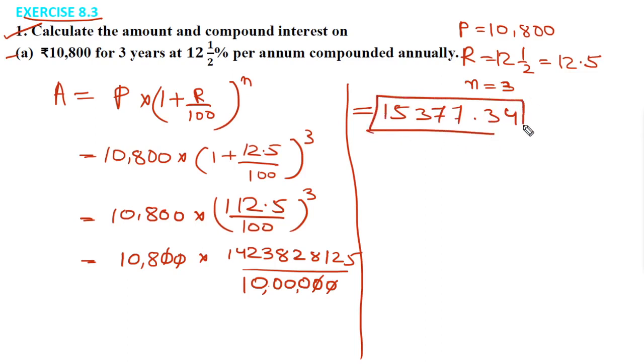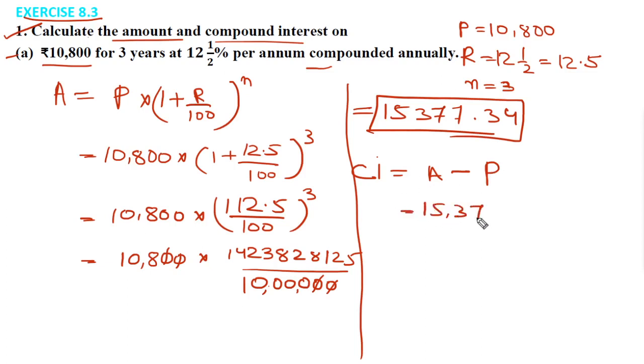So we got the amount is 15,377 rupees 34 paisa. Now we have to find the compound interest also. So CI, or compound interest, is equal to A, or amount, minus your principal P, which will be equal to amount is your 15,377.34 minus principal is your 10,800.